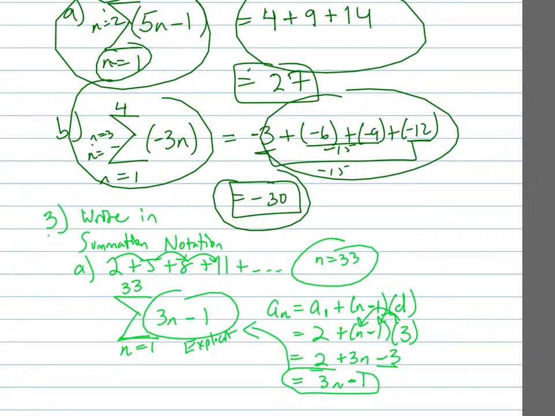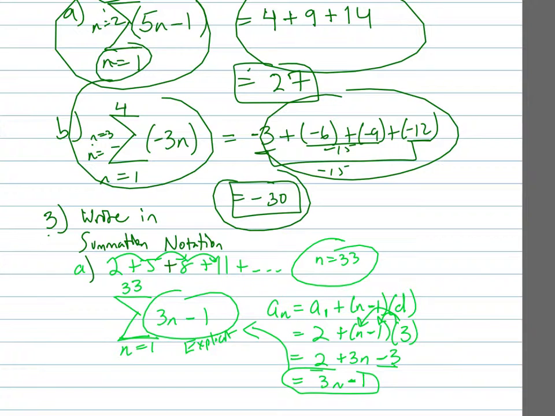To finish up, I want to go backwards. So number 3, let's write in summation notation. In other words, let's write in that little sigma guy.